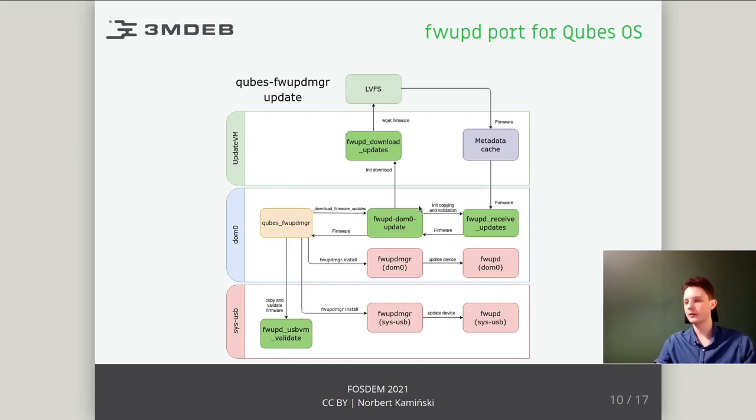Then it is transferred from one virtual machine to the other. The other once again validates the same update file, and then it is distributed to the fwupd daemon in the admin VM, or once again transferred to the sys-usb VM. Then the daemons are installing the firmware updates.